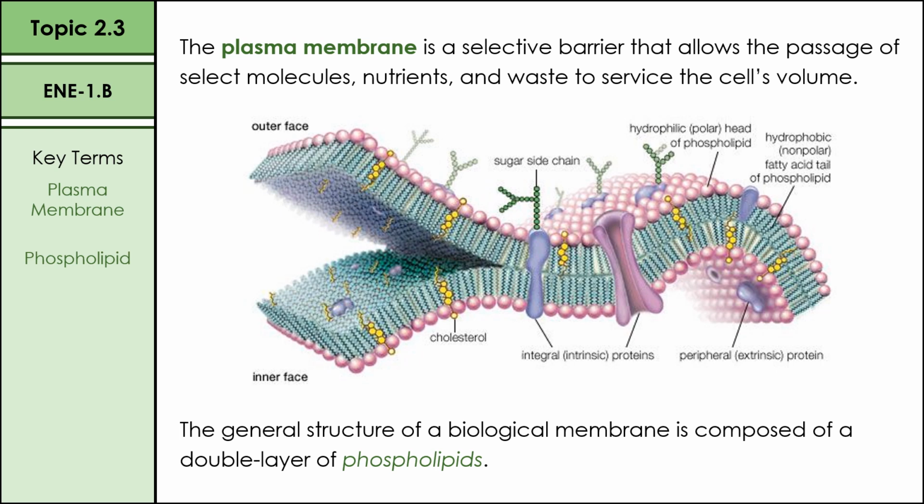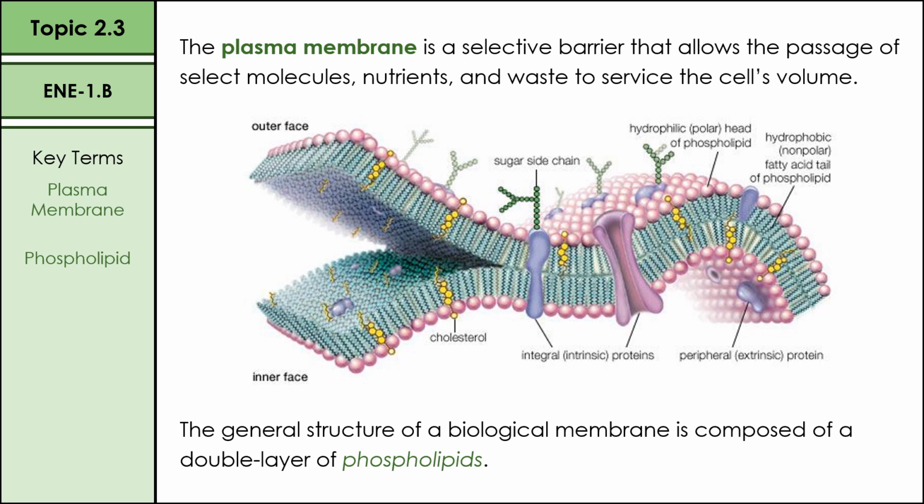Now, the general structure of our biological phospholipid bilayer here is, of course, phospholipids. Bilayer means that we have two layers of phospholipids, and we'll get into more in the next video the fluid mosaic structure of this membrane.